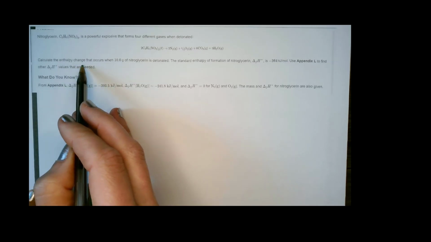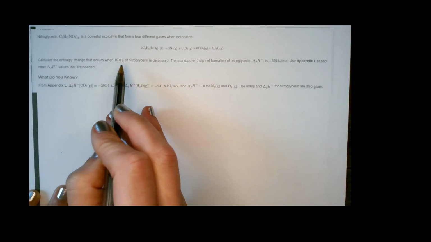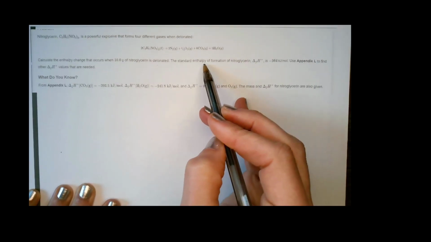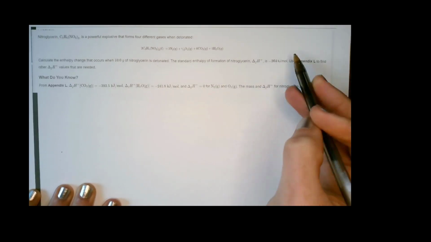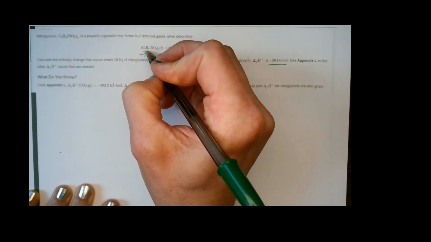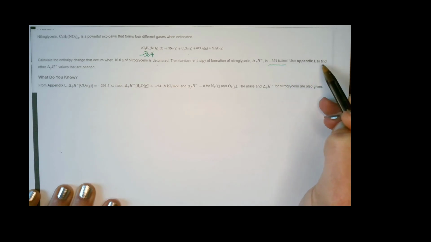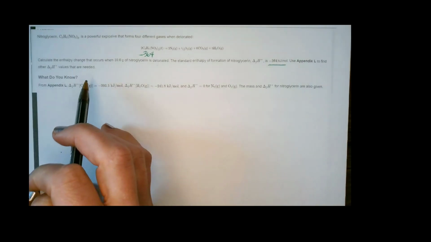We want to calculate the enthalpy change that occurs when 10 grams of nitroglycerin is detonated. We're going to get to that in a minute. The standard enthalpy of formation of nitroglycerin is negative 364, so I'm going to write that right here, negative 364 kilojoules per mole. Use the appendix to find the other values.